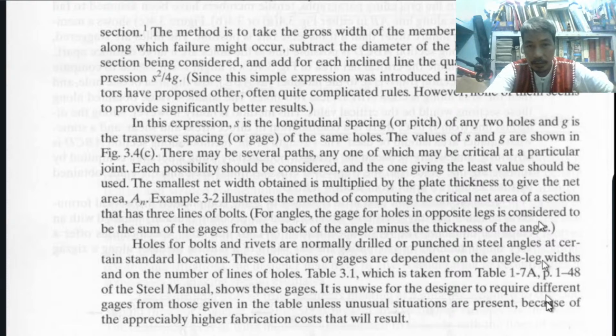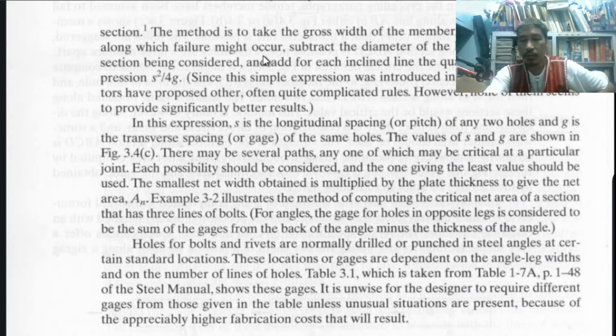So now we already know the formula: S squared over 4G. What is the process to calculate? The method is to take the gross width of the member. What do you mean by gross width? The path, regardless of the line along which failure might occur.